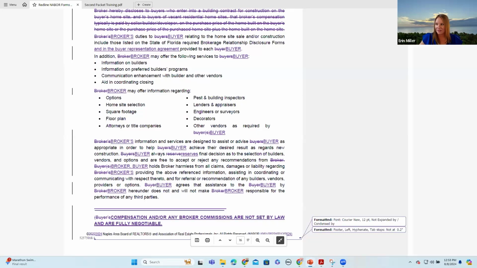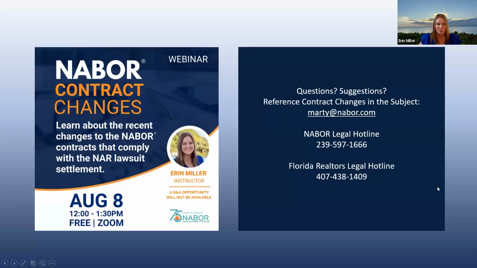Okay, as I switch gears, we're going to be moving into the second packet of forms. I do want to make sure that I bring up the contact information for the NABOR legal hotline. If you call the NABOR legal hotline, you will be directed to one of the attorneys who serves on the Legal Resources Committee. If you have any questions regarding the Florida Realtors forms, we've got the Florida Realtors legal hotline available as well.